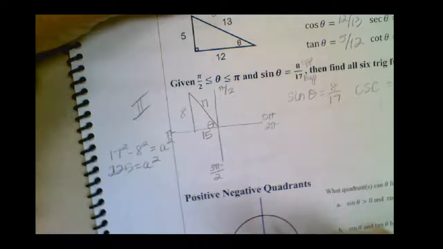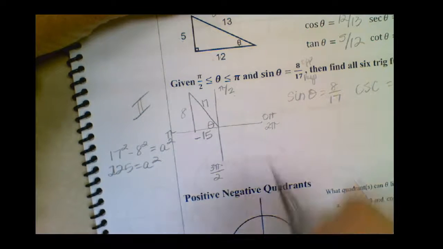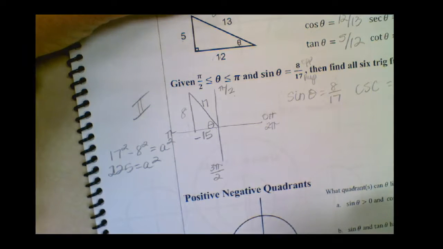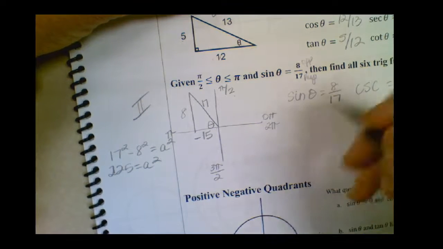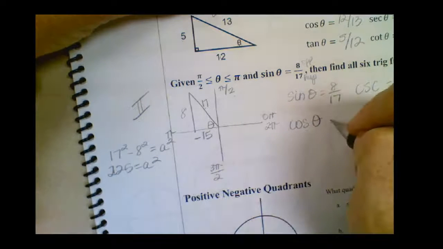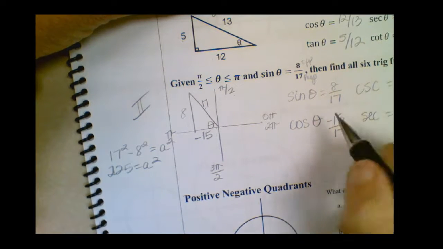So now here's where you really need to be aware of what quadrant you're in. This is going to be a negative 15 because it's on the left, and this triangle is clearly not drawn to scale. Totally fine. It's almost better for you to learn it when it's not drawn to scale so you don't tend to rely on that. So our cosine is going to be adjacent over hypotenuse, which would be negative 15 over 17. And then the secant for that would just be the reverse, so negative 17 over 15.